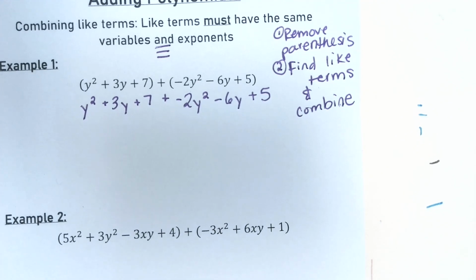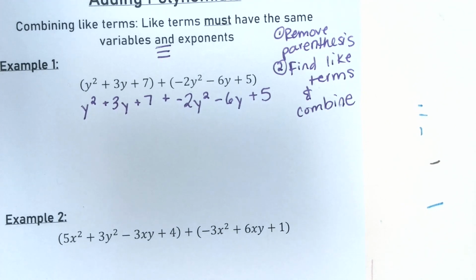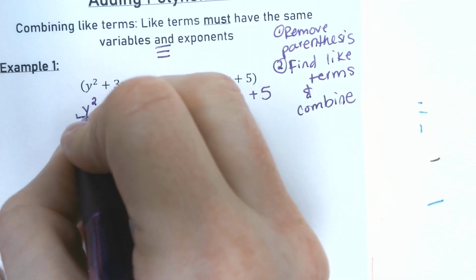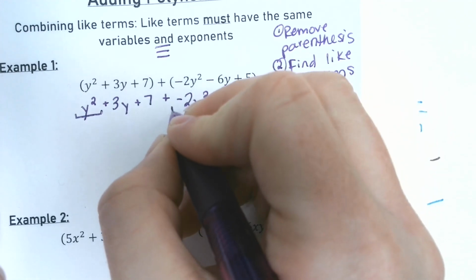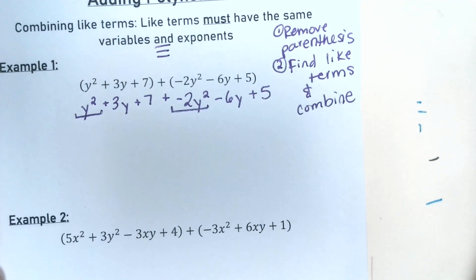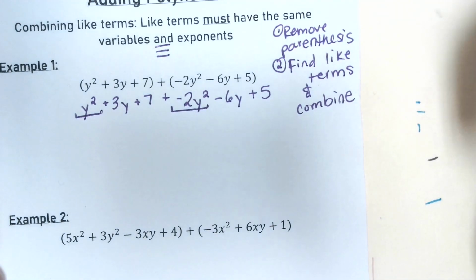Some of y'all like to color code. If you have colored pencils or colored pens that you want to use, you can. I'm just going to underline, like I'm going to do a bracket around my x squareds like this. And those are the ones I'm going to combine. Then I'm going to do squigglies underneath just our y's. Then I'm going to circle just my constants.